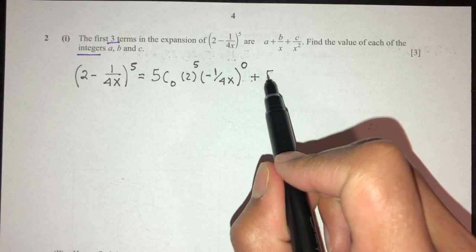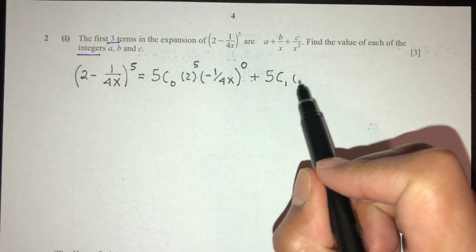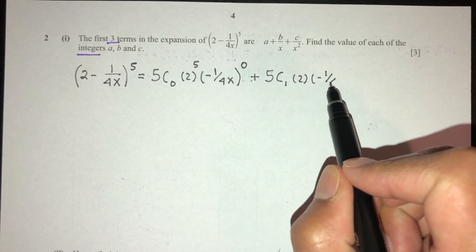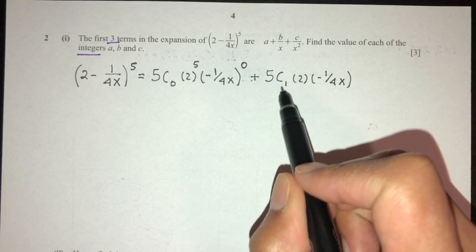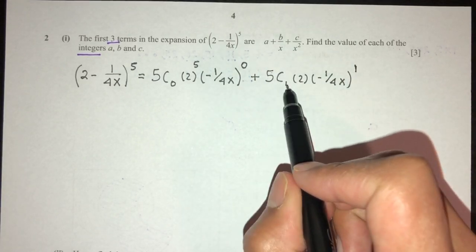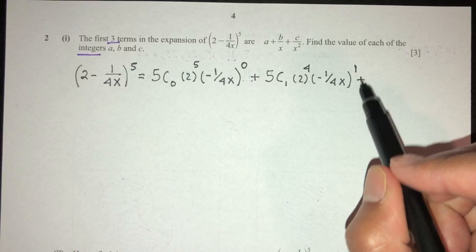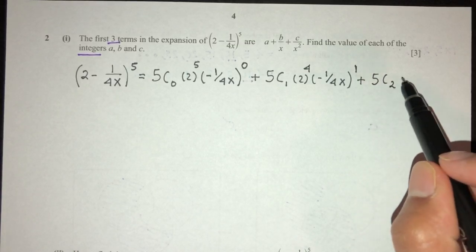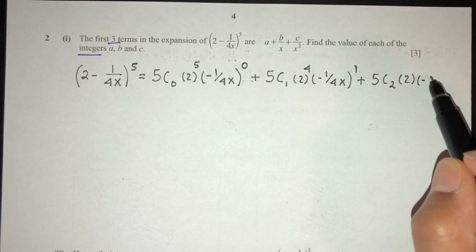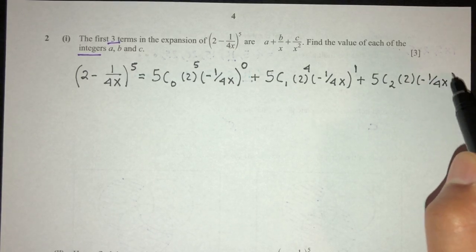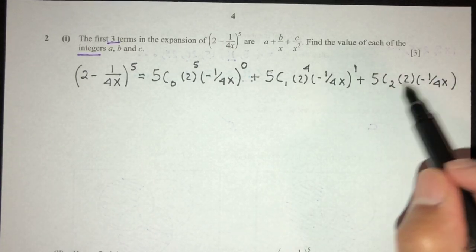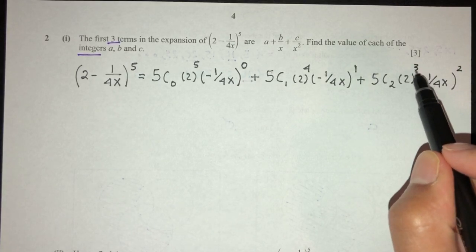Then second term, we have 5 choose 1. Here's the same thing, 1 over 4x. Here we have 1, here it is 1. Now 5 minus 1 is 4. And we have 5 choose 2. Here we have 2, and here we have minus 1 over 4. So it has to be 2 here, and here it is 3.